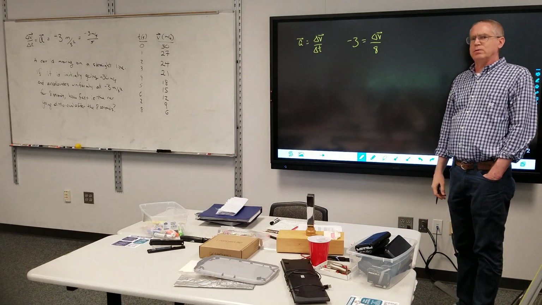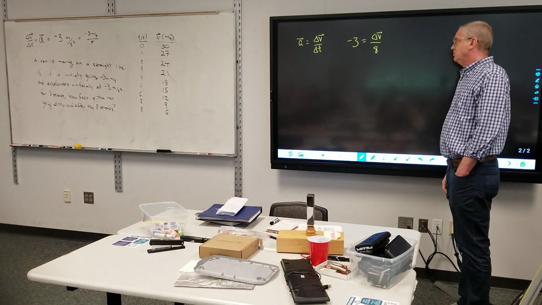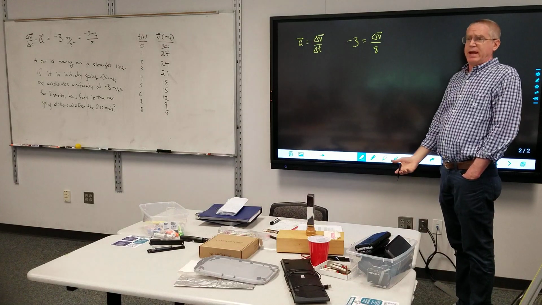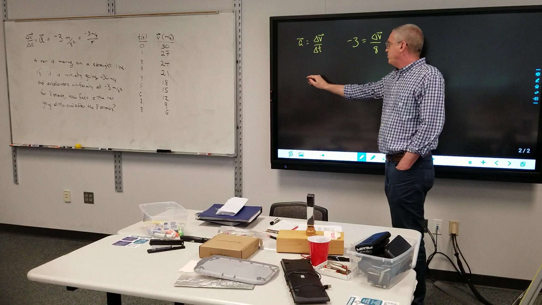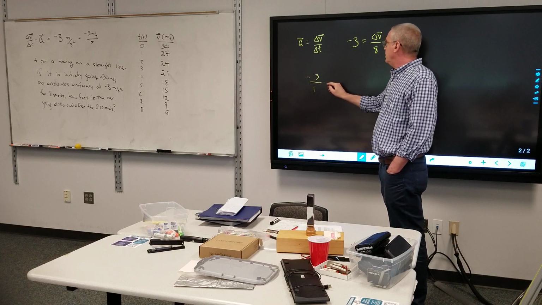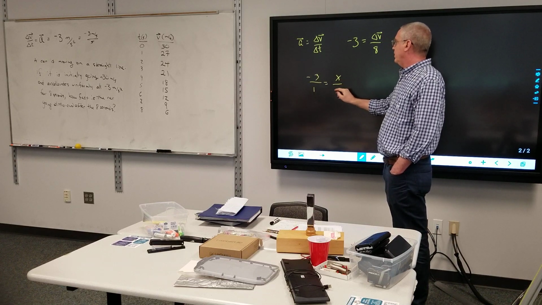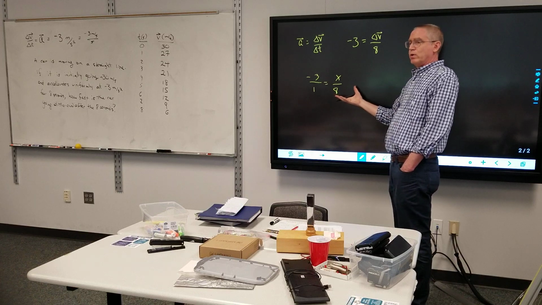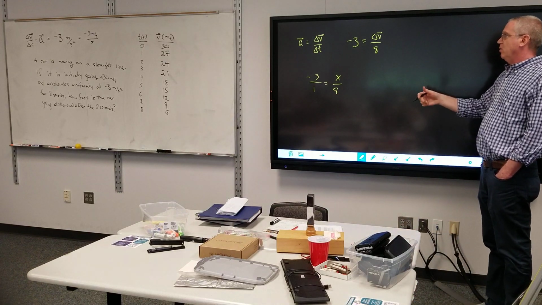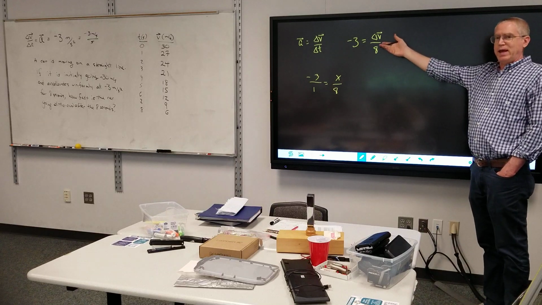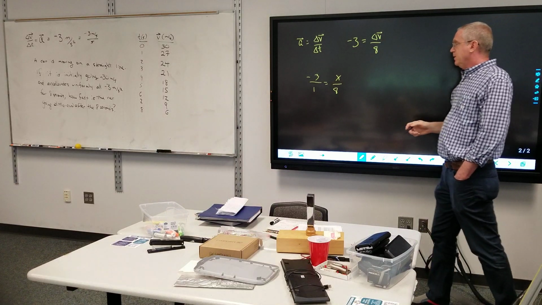Depending upon your comfort level, you could just multiply both sides by 8 to solve for the change in velocity, or if you prefer, -3 over 1 is equal to some unknown over 8. I mean, this is the math problem we're working in. So you can cross multiply or multiply both sides by 8, accomplish the same thing.